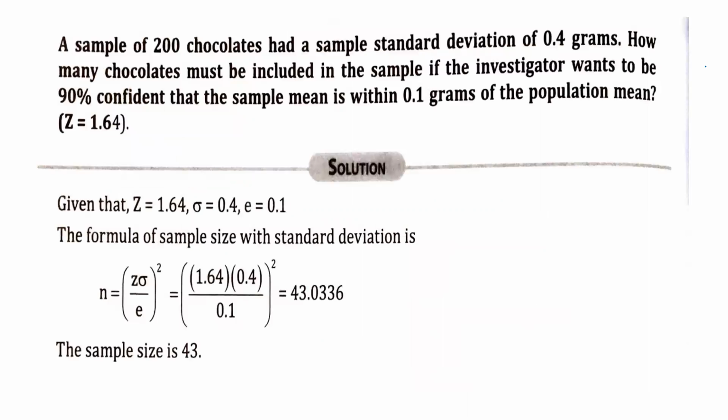Now the first problem here: a sample of 200 chocolates had a sample standard deviation of 0.4 grams. Yes, this is a good example for you to understand. They prepare different types of chocolates. From Amul or Dairy Milk, you have Dairy Milk Silk, Dairy Milk Red Velvet, then there is some new edition which comes only during Valentine's Day, and only during Thanksgiving Day.